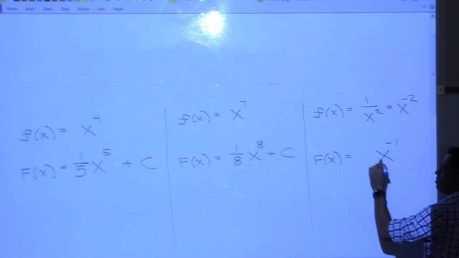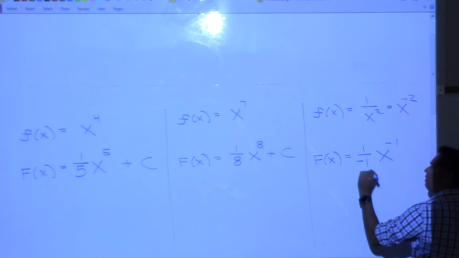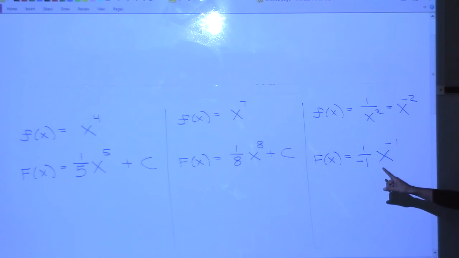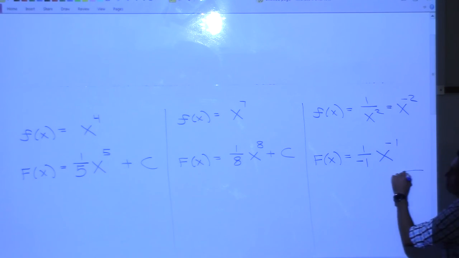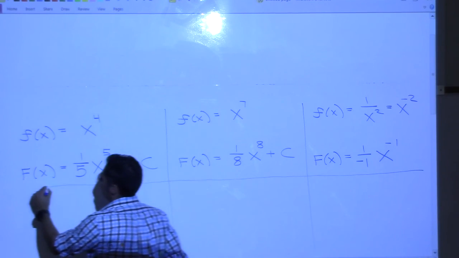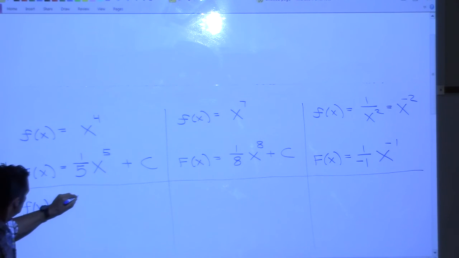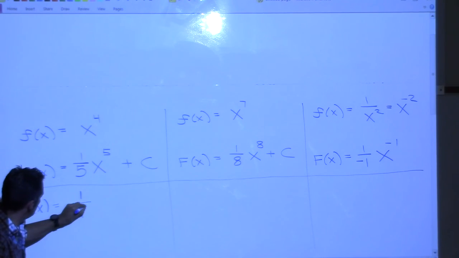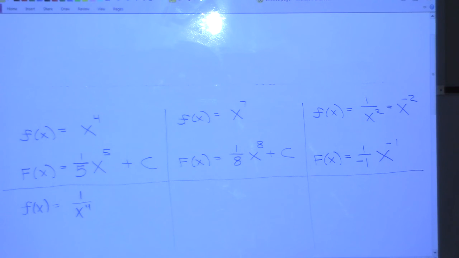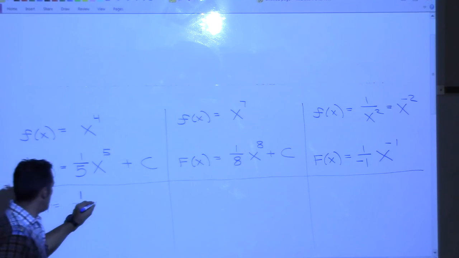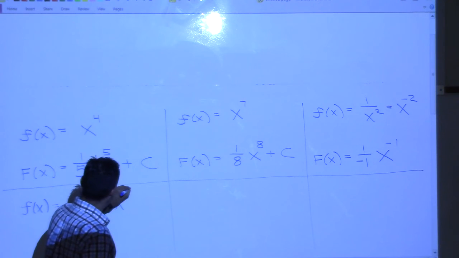Okay. Now I'm going to do it a different way. I'm going to do 1 over negative 1. You're going to start to see a pattern forming here. Let's do another one. Little f of x is 1 over x to the 4th. That's the same as x to what power? Negative 4.